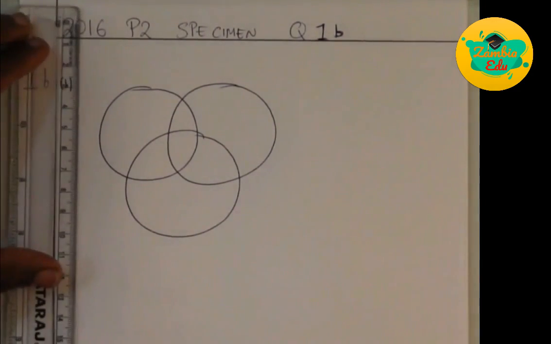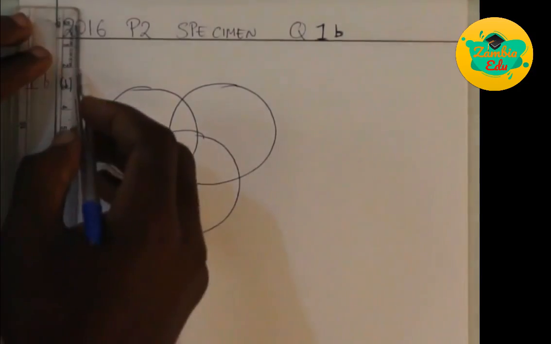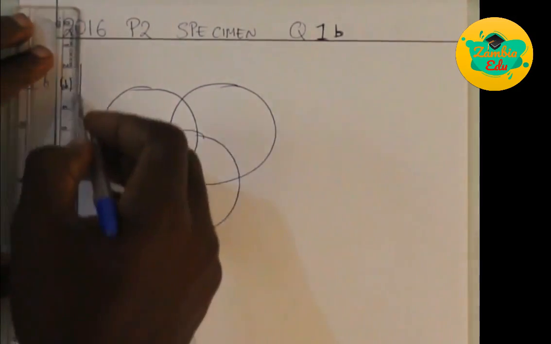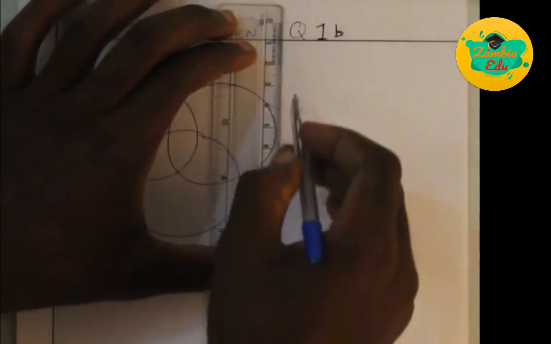So we'll draw our 3 sets that we've been taught in the question as shown.